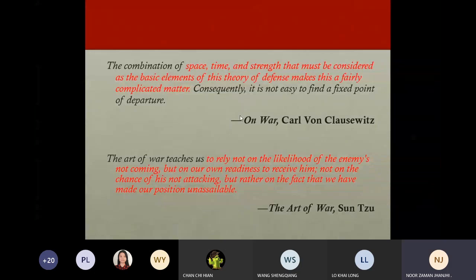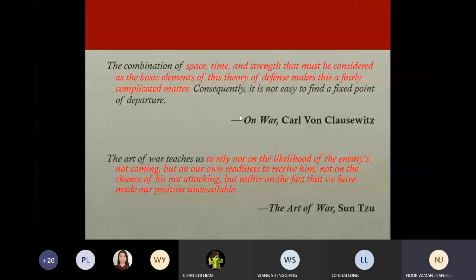But rely on our own readiness to receive him. What it means is that we must be ready, we must be equipped, we must have all the necessary things and be expecting him to receive him. So if the hacker comes to us, he or she will not be able to bring a big loss to us because we are already ready and waiting for this.